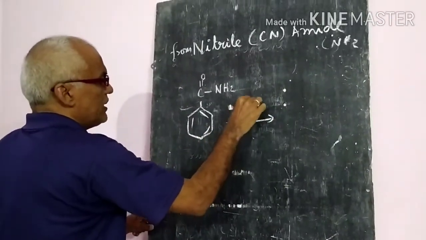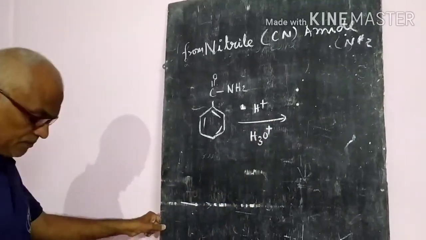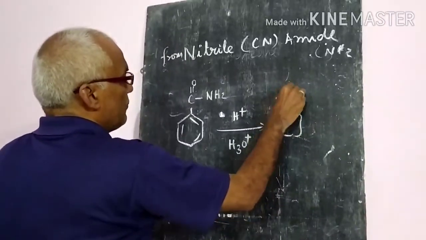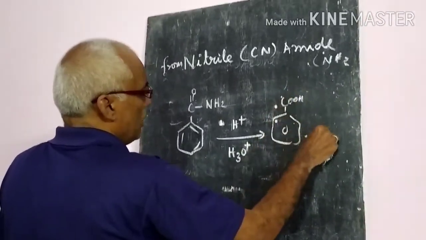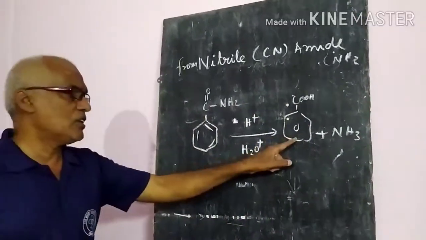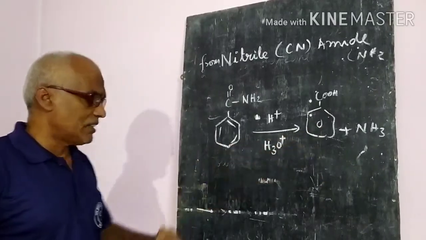Either in the presence of H plus or H3O plus, we write hydration. Then it can be converted into benzoic acid, and ammonia will be taken out. Like this we get the conversion from benzamide to benzoic acid.